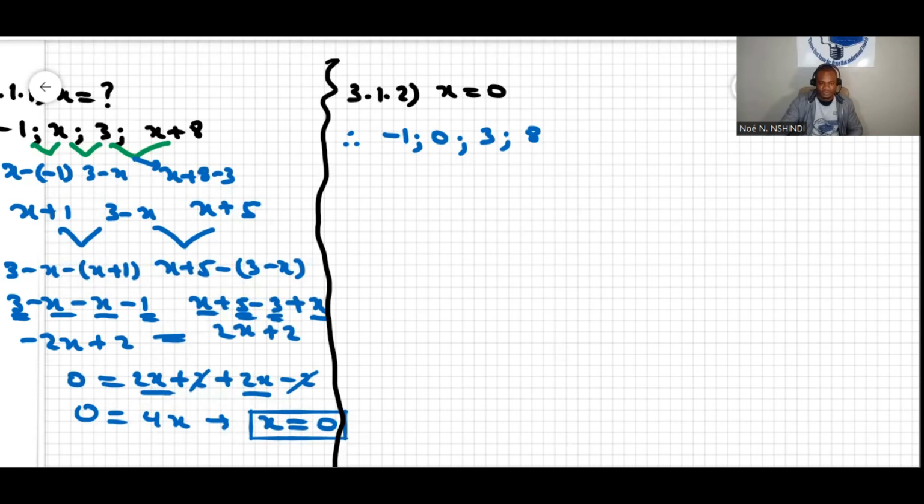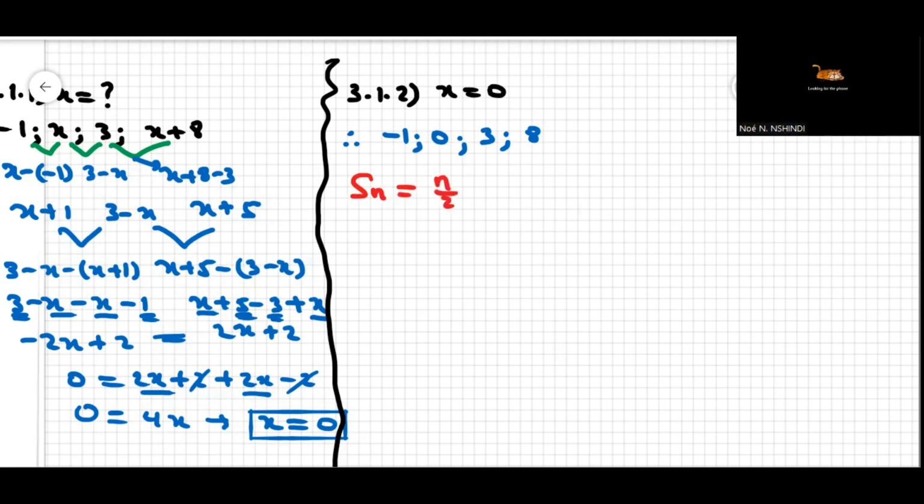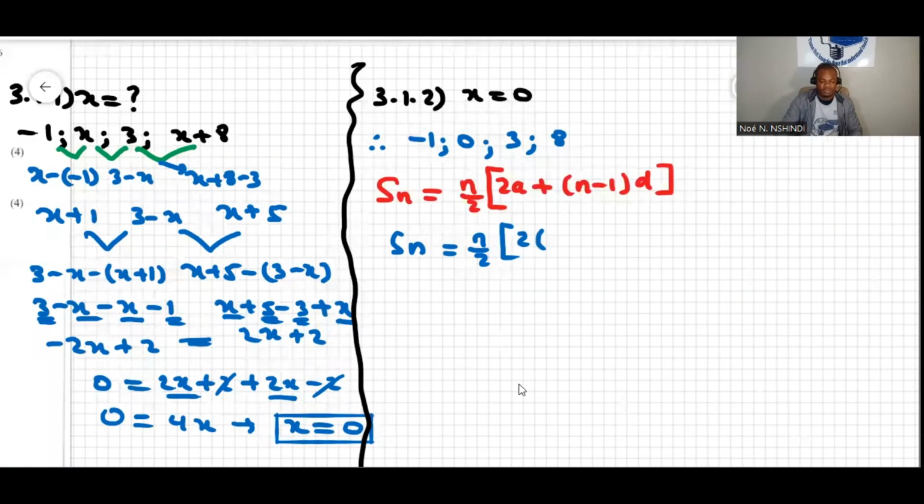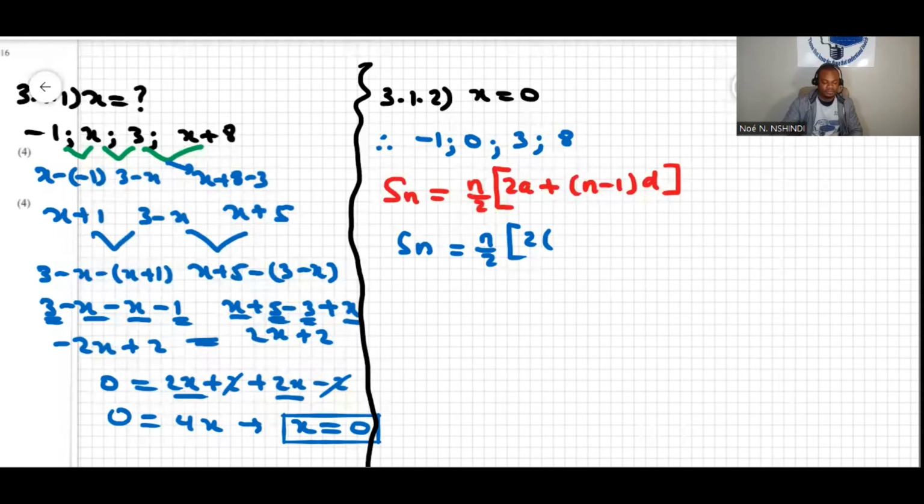By definition, we do know that Sn is equal to n over 2 times (2a plus (n minus 1) times d). Now we can substitute the values. The first term of the first differences will be 1, because x is 0 now.